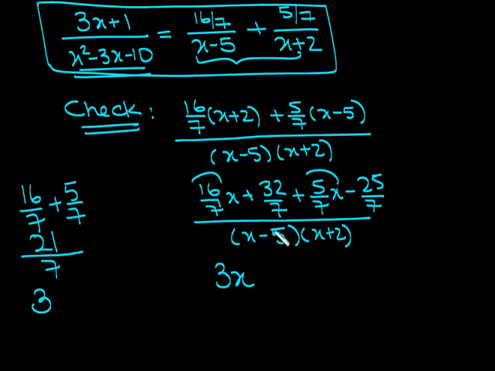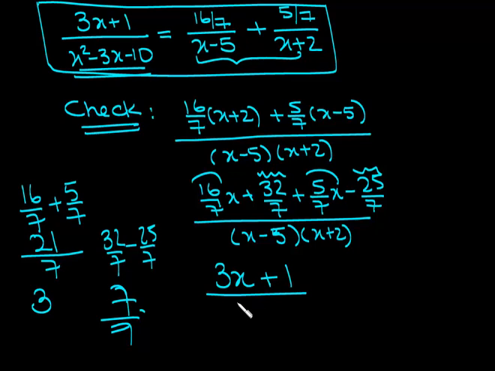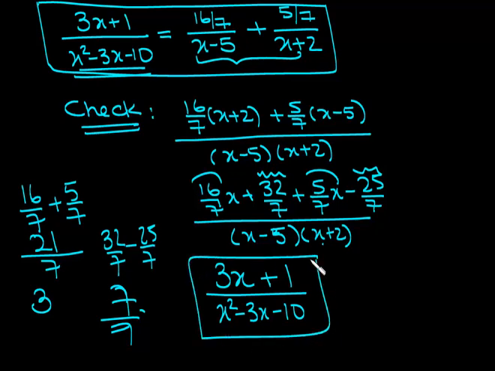So I get 3x. Then I add the numbers. I have 32/7 minus 25/7. So I get 7 over 7, which is 1. So I'll end up with plus 1 over, and you multiply the denominator, so we get x squared minus 3x minus 10. That's what we had. So you can see how this works.